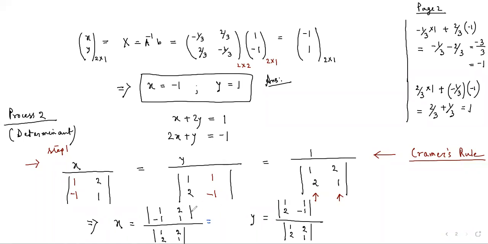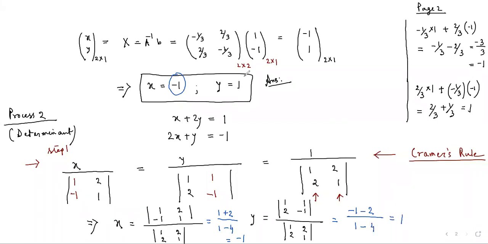So in the numerator, you are going to get 1 minus 2, that is plus 2. And in the denominator, you are going to get 1 minus 4. So ultimately, what you are getting, 3 by minus 3, that is minus 1. The same was coming over here. And on the right hand side of that, you are getting minus 1, minus 2, that is minus 3, and in the denominator, you are getting 1 minus 4, that is minus 3.